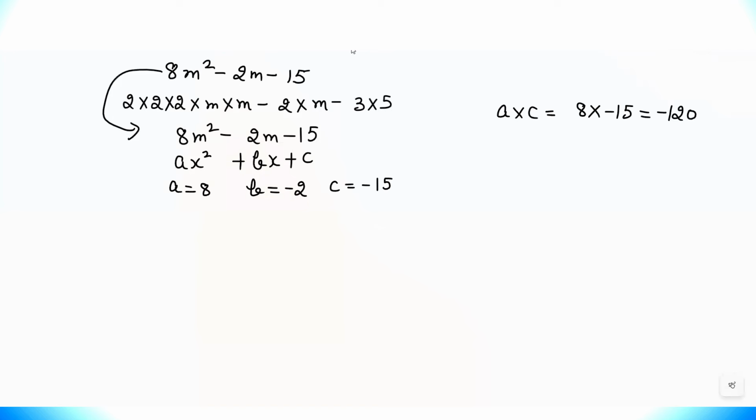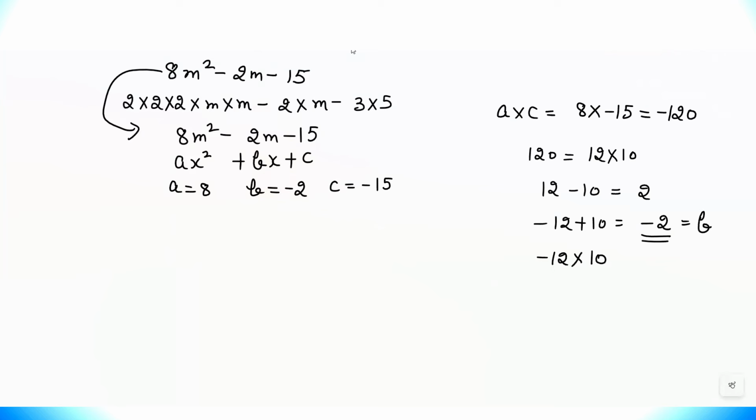If you use the factors of minus 120, you will see 12 into 10 will give you 120. And if I use 12 minus 10, I will get 2. Minus 12 plus 10, I will get minus 2. What I need is minus 2, because the value of b is minus 2.